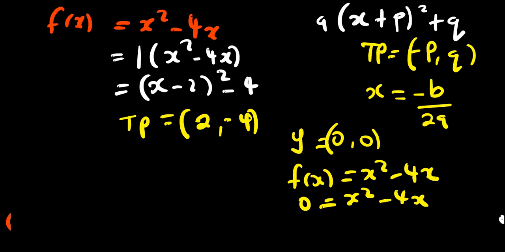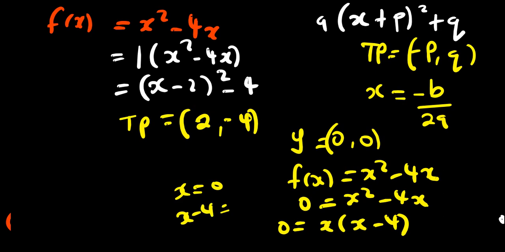So what are you going to do? You factorize: 0 equals x times (x minus 4). What this means is that x is equal to 0, and x minus 4 is also equal to 0, so x is equal to 4. So we've got two values, x equals 4 and x equals 0. That's how your graph behaves.